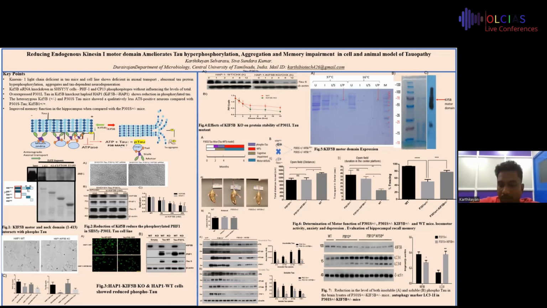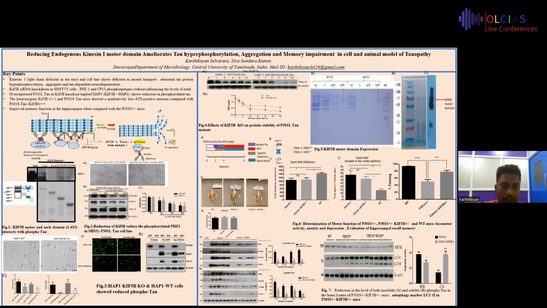It is mainly working on cargo transport. There are n number of kinesin proteins in mammals identified. There are 45 different kinesins identified. All these kinesins are grouped into 14 groups, and each was characterized as a subtype, like group 1 to 14.